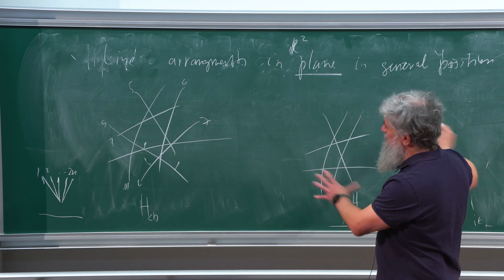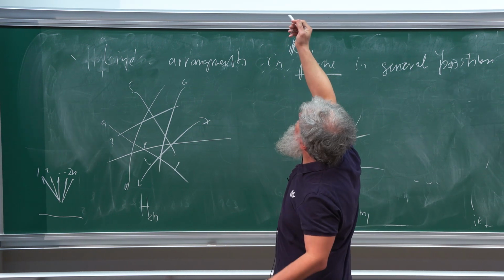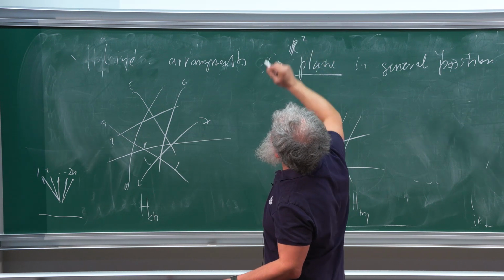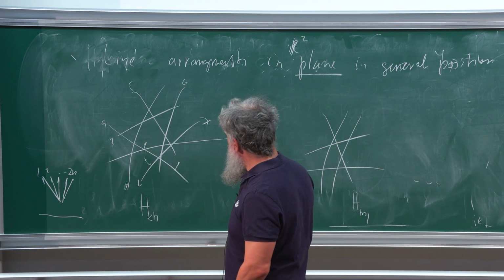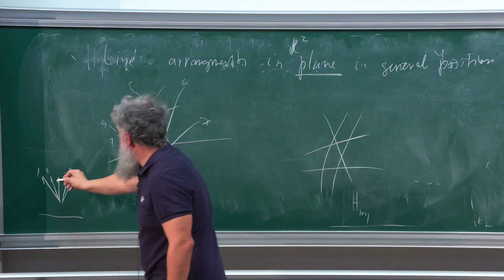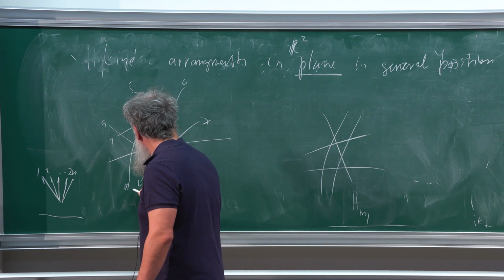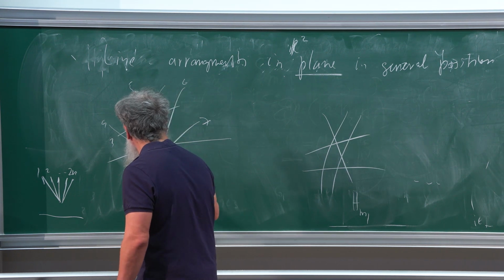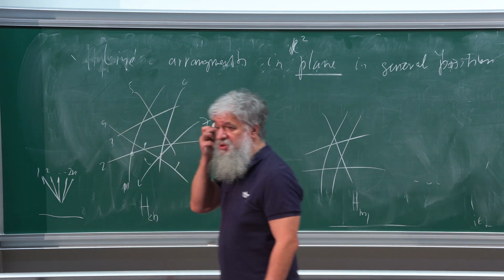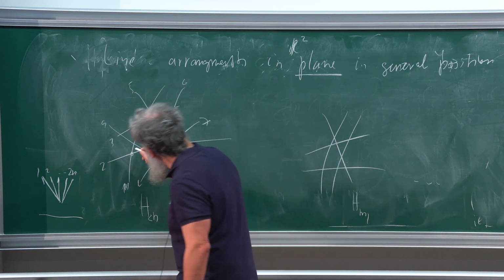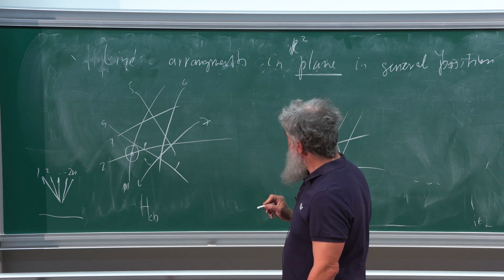Now I want to insert this line arrangement into the first arrangement in a similar manner as I inserted paths in the path. How will I do this? I take lines 1 and 2 and look where they intersect, the point of intersection of 1 and 2. Make a small neighborhood about this point.